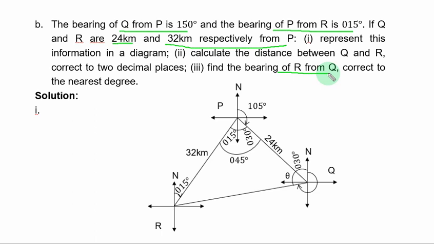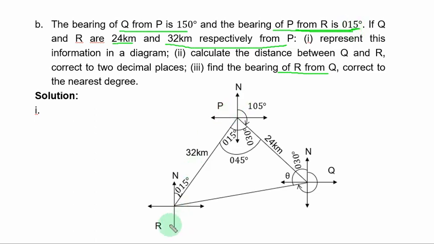Solution. From the question, bearing of Q from P and bearing of P from R, you must look at the quadrant. Let us start from this part. Bearing of P from R, you have to locate the point R first and get P from it on this bearing.